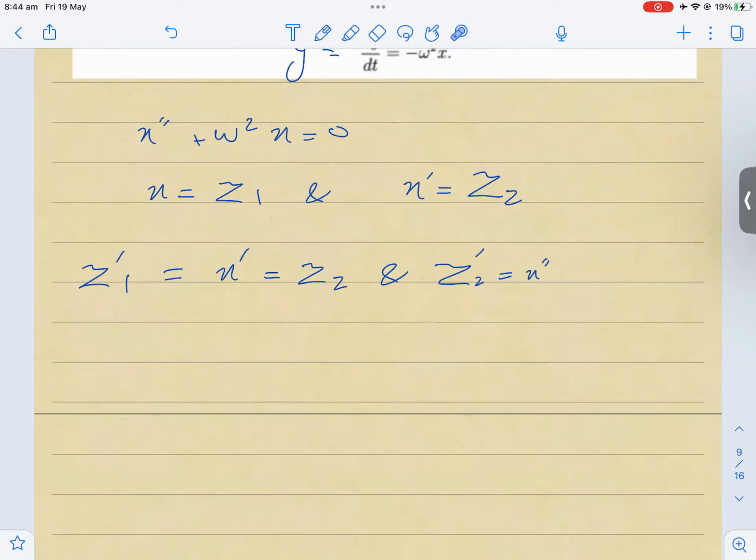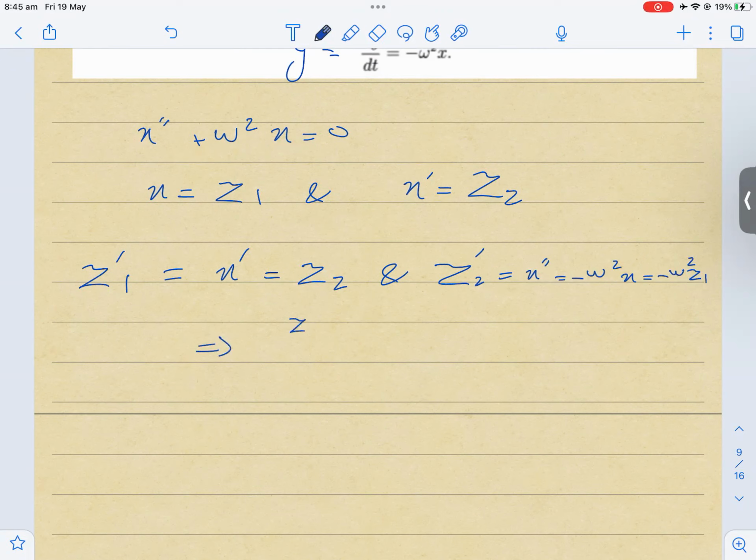But from here, we can write it as minus omega squared x, which is equal to minus omega squared z1.